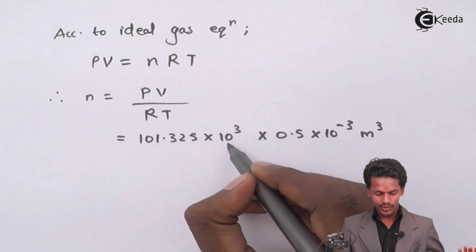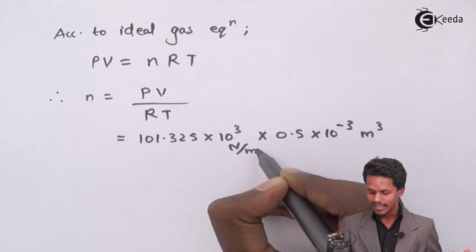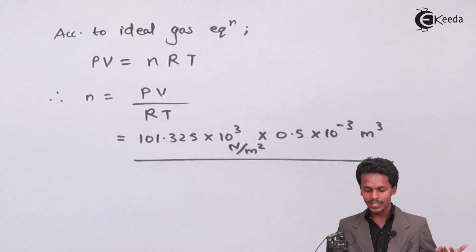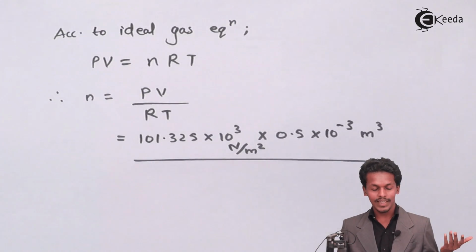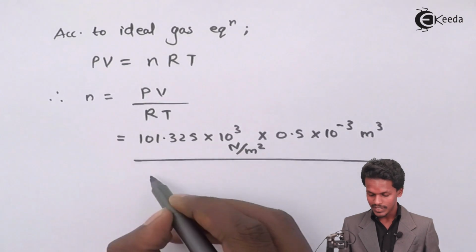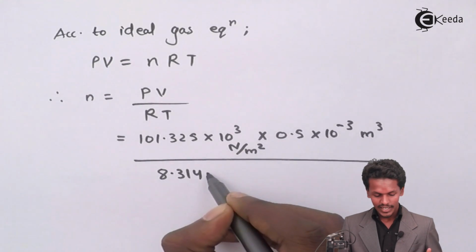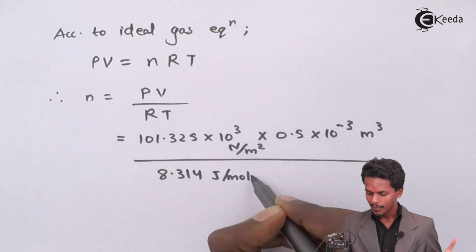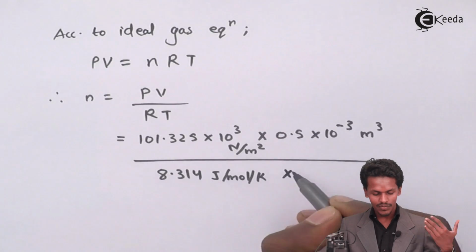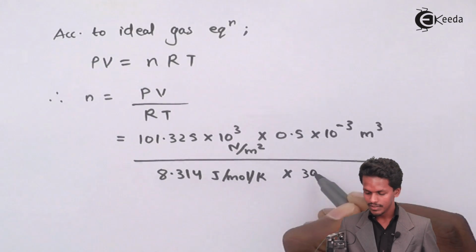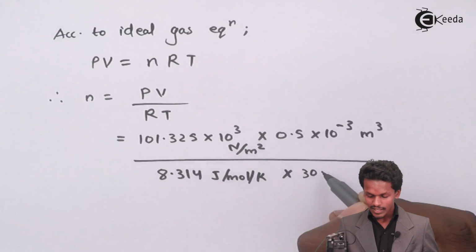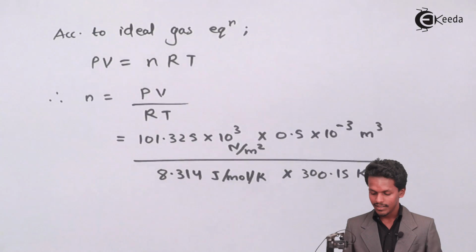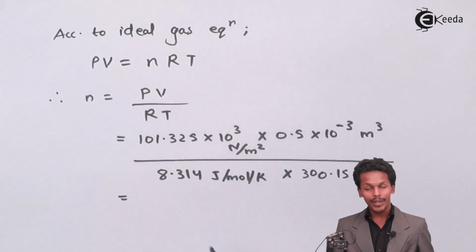The value of R is 8.314 joules per mole per Kelvin, and the temperature is 300.15 Kelvin. Now it is easy to calculate, so I am calculating this.